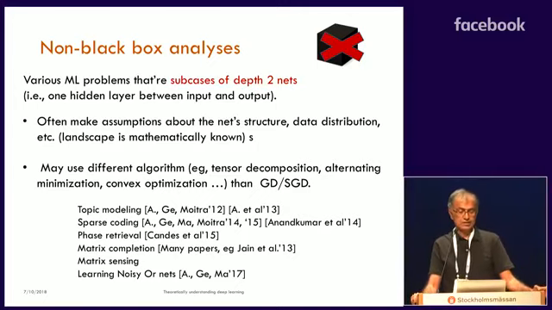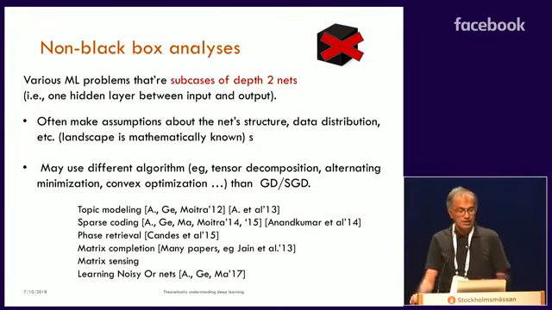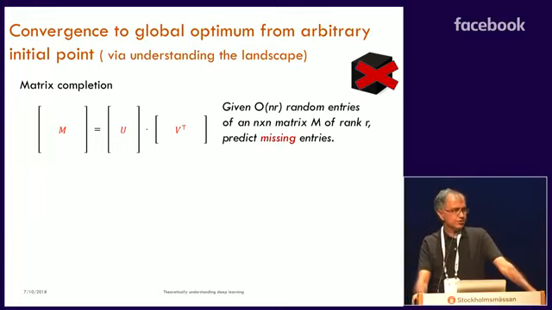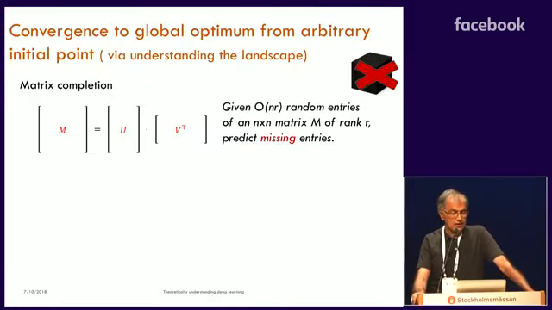They might use tensor decomposition, alternating minimization, even convex optimization. Although lately there's some progress towards actually using gradient descent, as I'll discuss now. Just in the last year or so, there's been progress on analyzing some of these special cases of depth-2 nets via gradient descent.